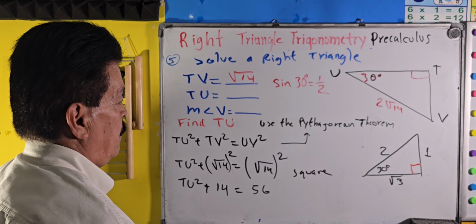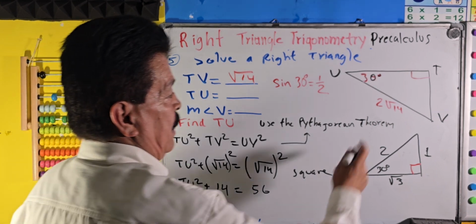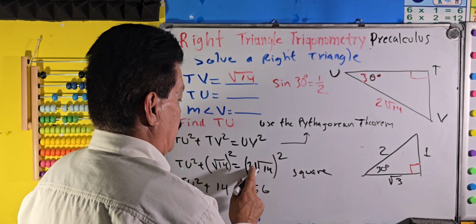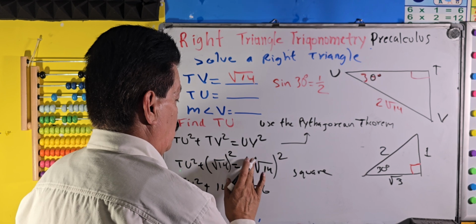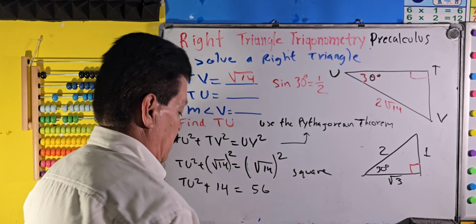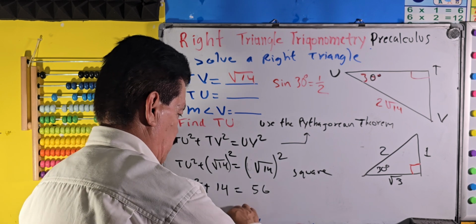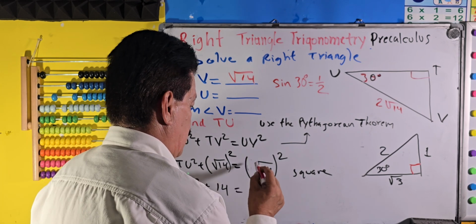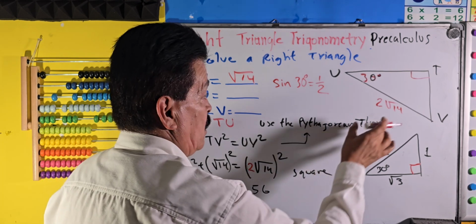Let's see. Oh, here is 2. That's why it's 2. Here we have 2. This is different. Hypotenuse is like that, right? That's why it's 2 here, because it's this side.